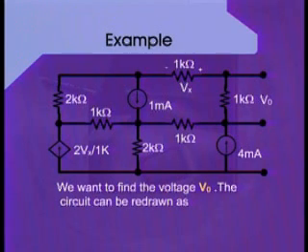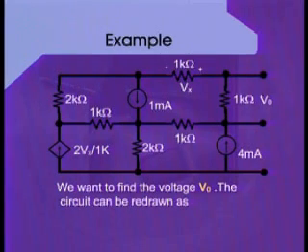However, from the circuit we can also see that the voltage dependent current source is depending upon the voltage across 1 kilo ohm resistance, which is mentioned at the top branch of the circuit and is marked as Vx. So whatever voltage will be across this resistance, accordingly the voltage dependent current source will change its value.